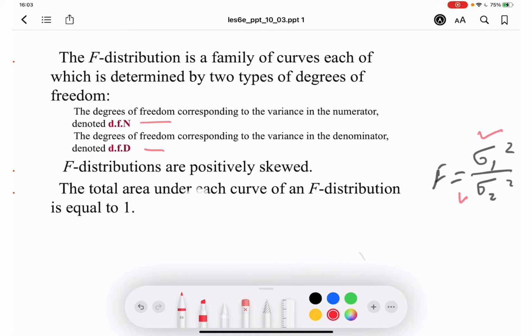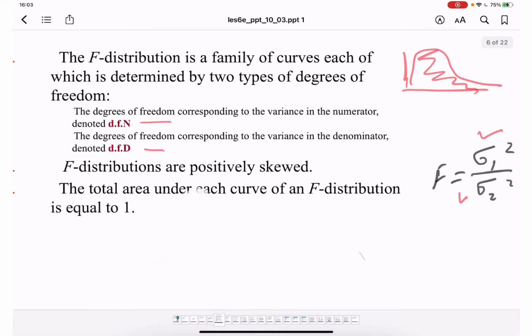I already mentioned that the F distribution is positively skewed. It can only be from 0 to positive infinity, and the total area under the curve of the F distribution is equal to 1.